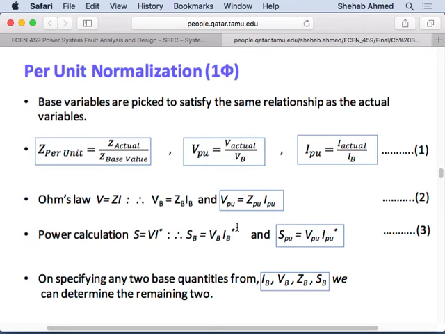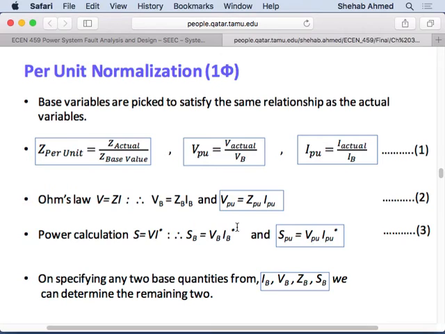Say you have a 1 amp current at angle 10. Convert that to per unit: this is actual, I divide it by base. My base cannot have an angle. If the base has an angle, it will change the angle of the current. So base values are only magnitudes. You take the actual values, which have magnitudes and angles, and divide by base values, which are only magnitudes.